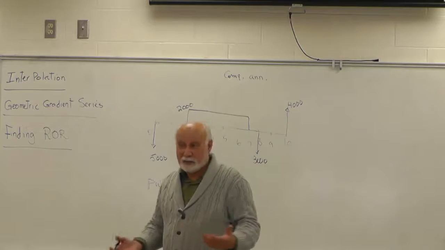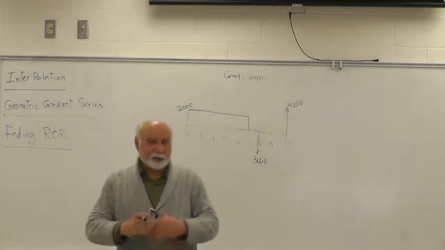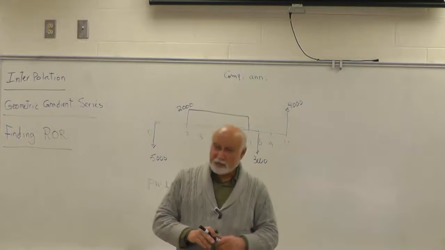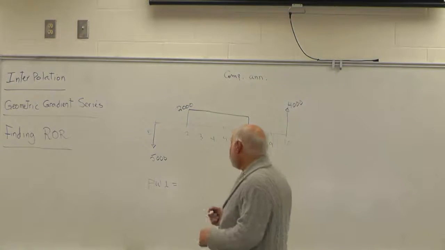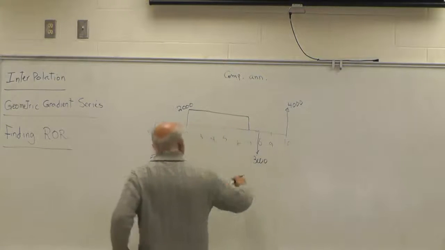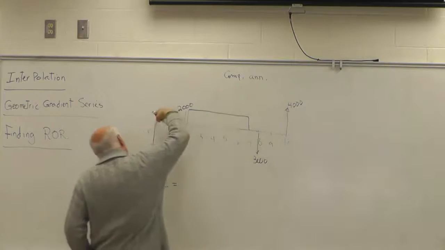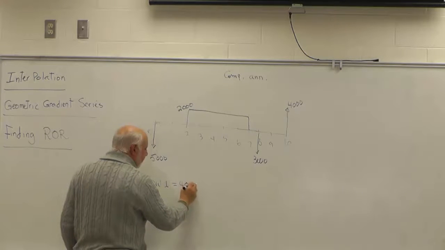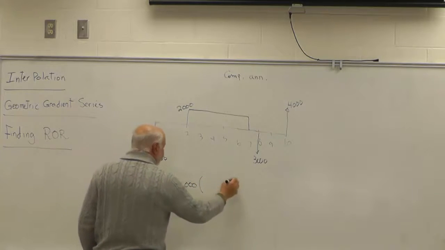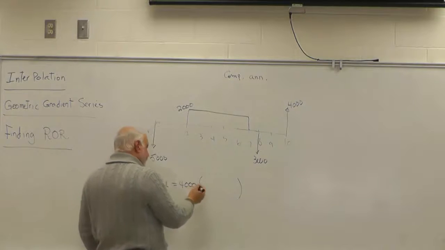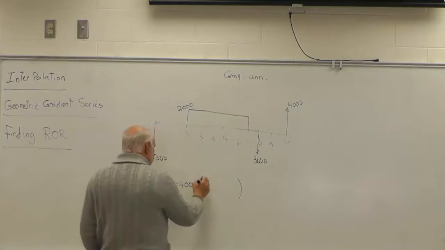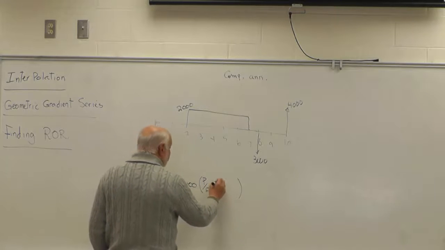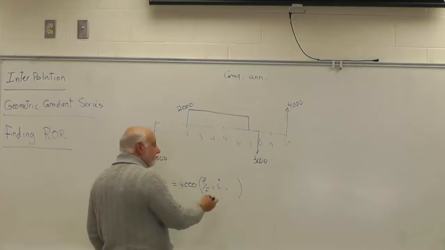You're not dealing with the interest. You're just writing the formulas first, and then we will work with that. So how would we write the formula? First is this one. It comes down here. So it would be 4,000 times what? It's P given F, I, and 10.